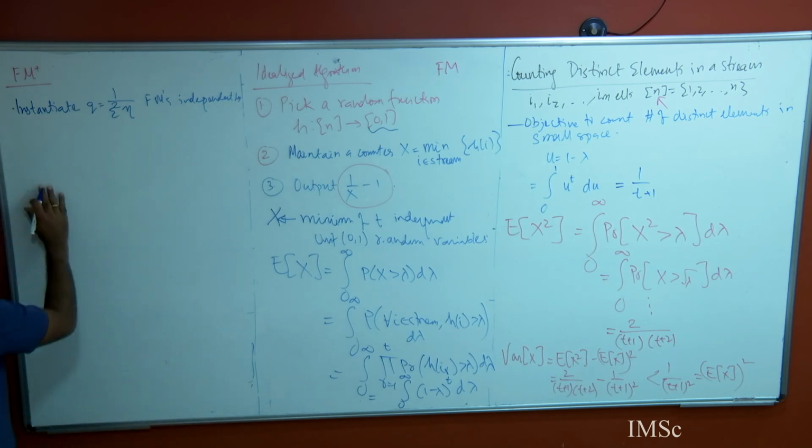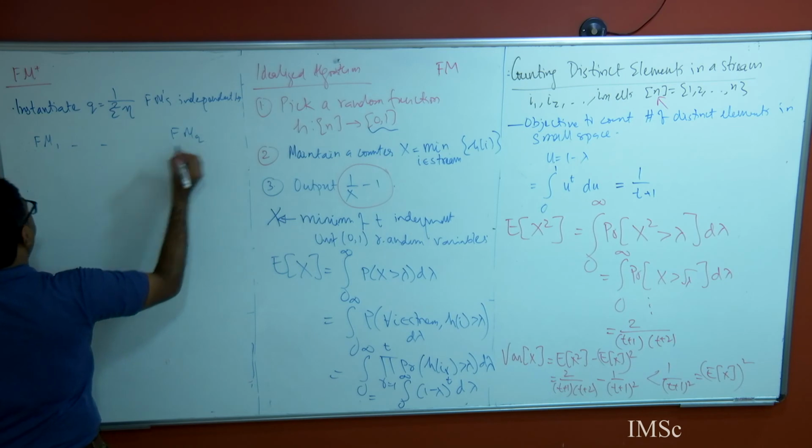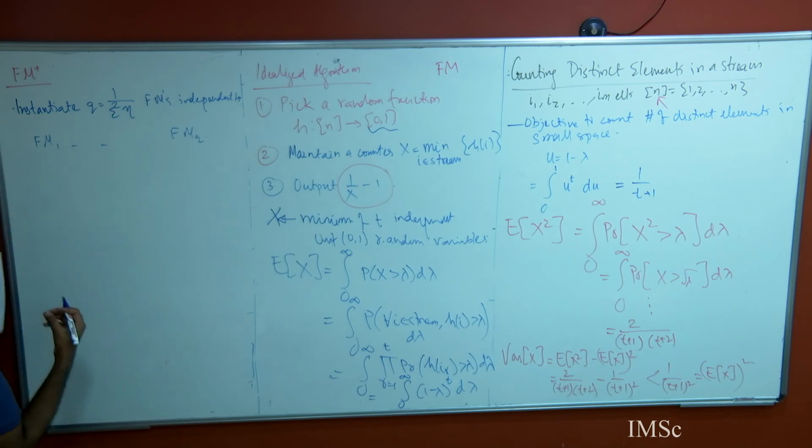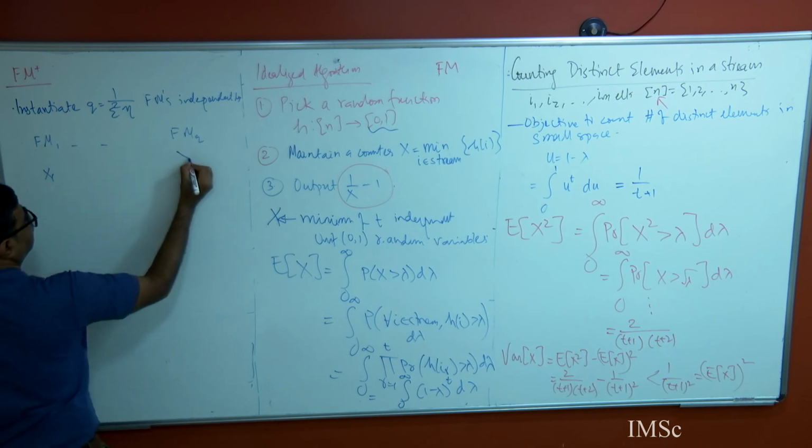So we have FM1 through FMQ, and they are going to give me some numbers, x1 through xq.